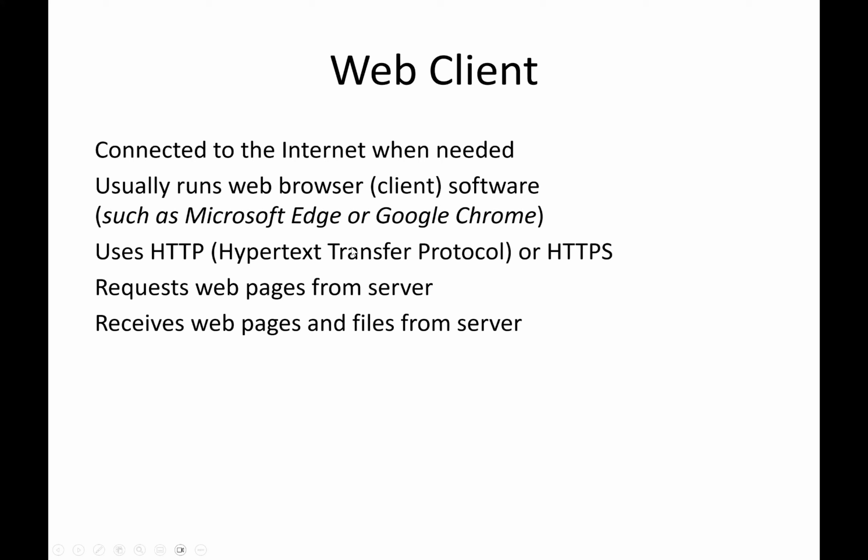A protocol is some kind of language that both parties understand. Using this protocol, it requests web pages from the server, and then it receives the web pages and files from the server. All these things were the capability of the client software or the web browser that I was running, right?